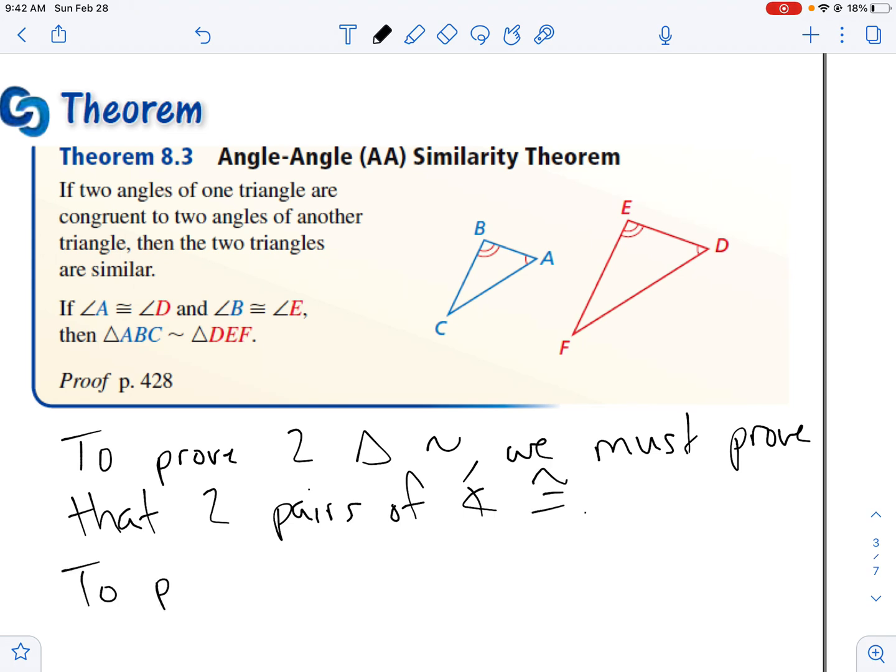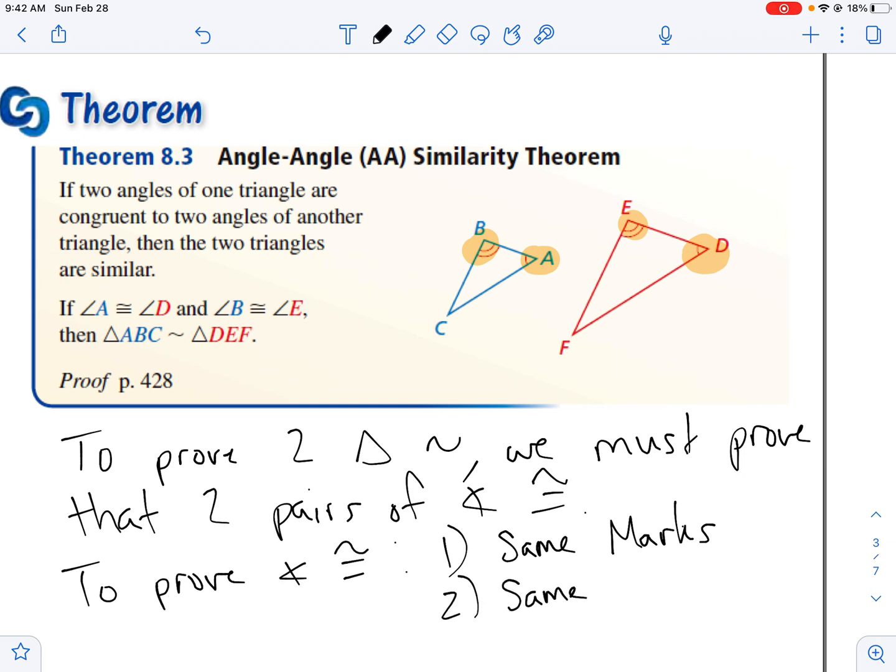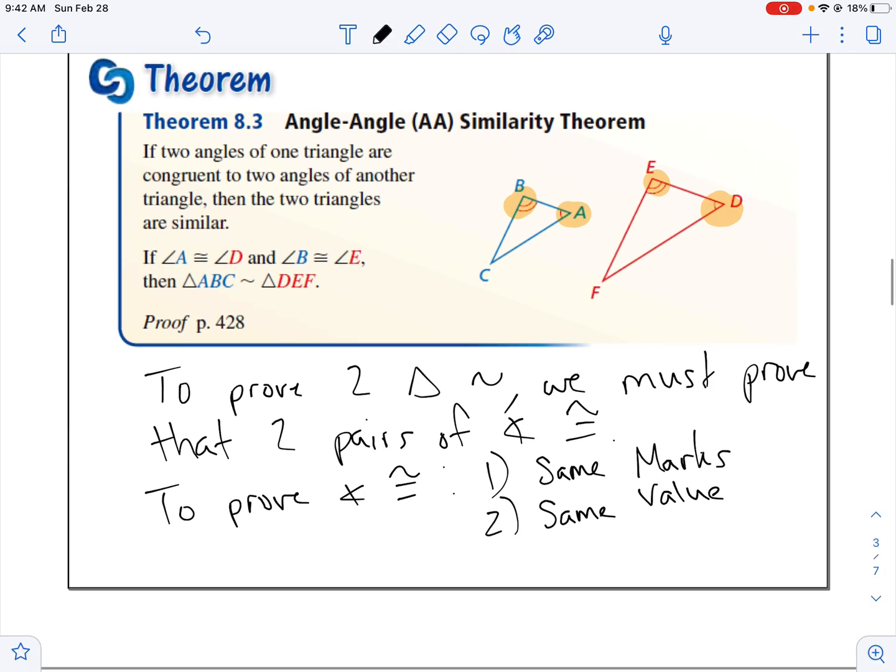Now, to prove angles are congruent, we can either show that they have the same marks. An example of that is here where this has 2 and 2, so there's one pair, and 1 and 1, there's our second pair. So those are same marks. Or second, we can prove that these angles have the same value, and we do this either by solving or by using properties.